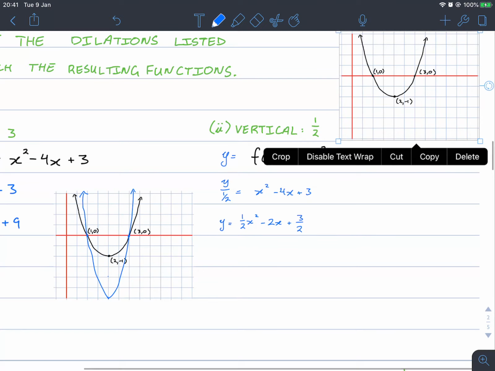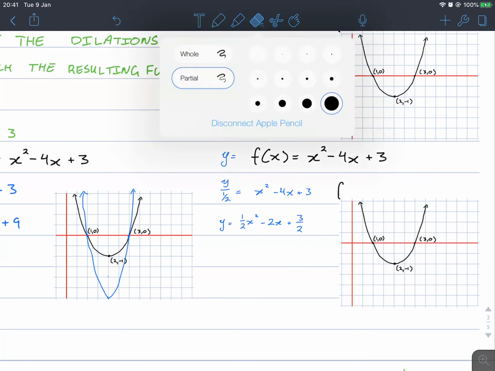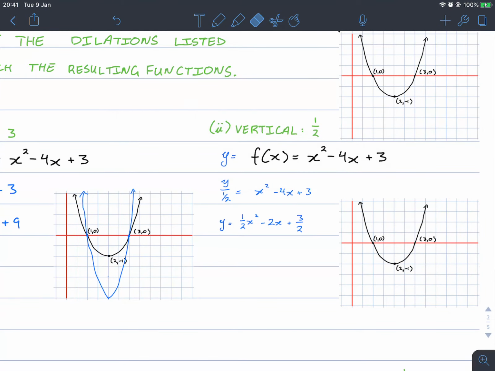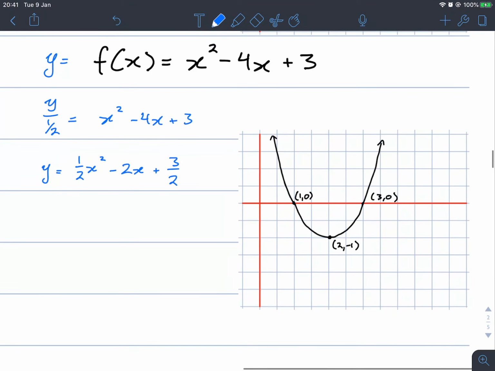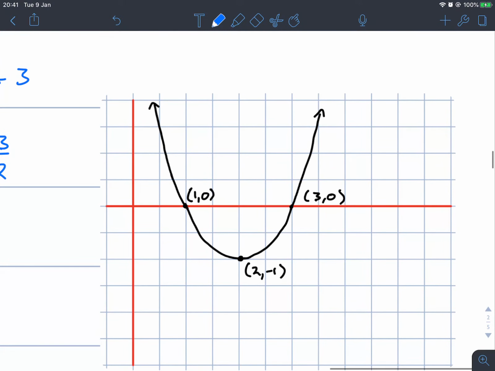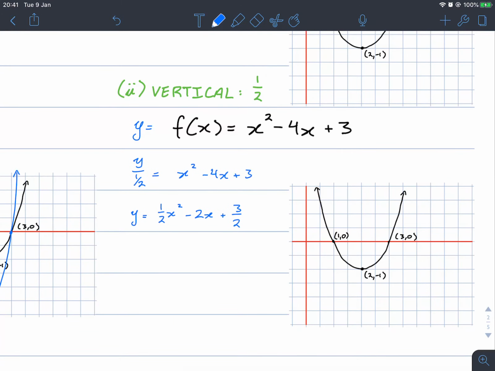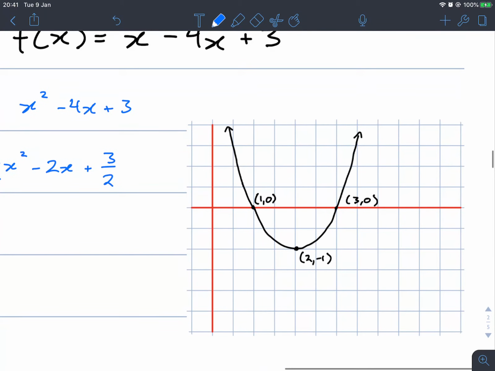And what this might look like, here we go. Well, no need to look at this one, we just need to know the appearance of this. Well, if this is a distance of 1, to be vertically dilated by half means it will be half the distance from the x-axis.